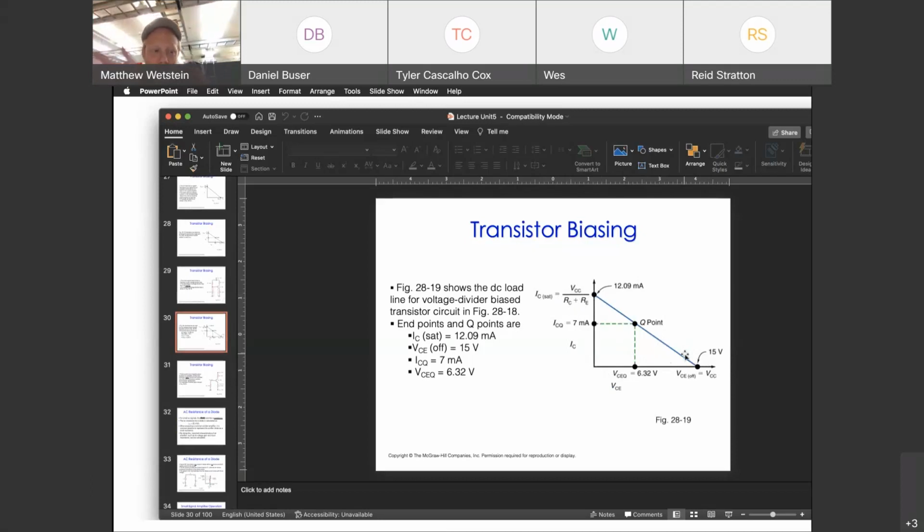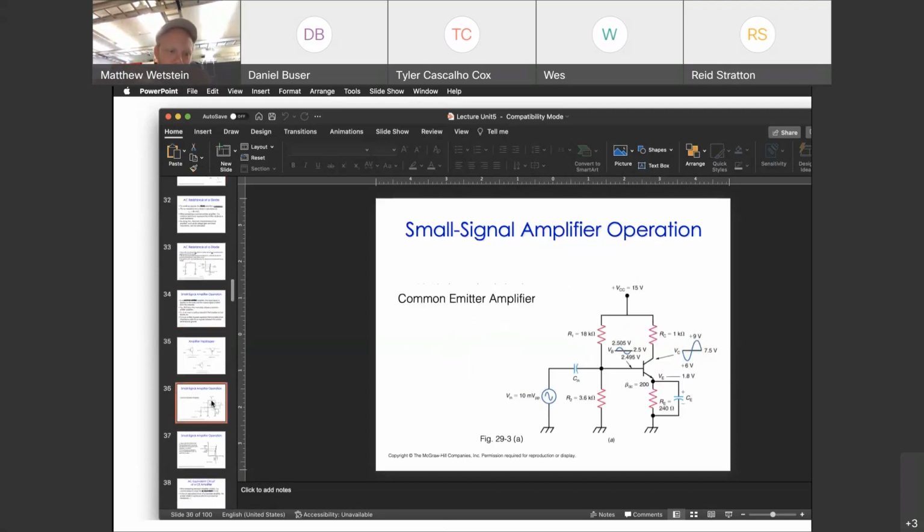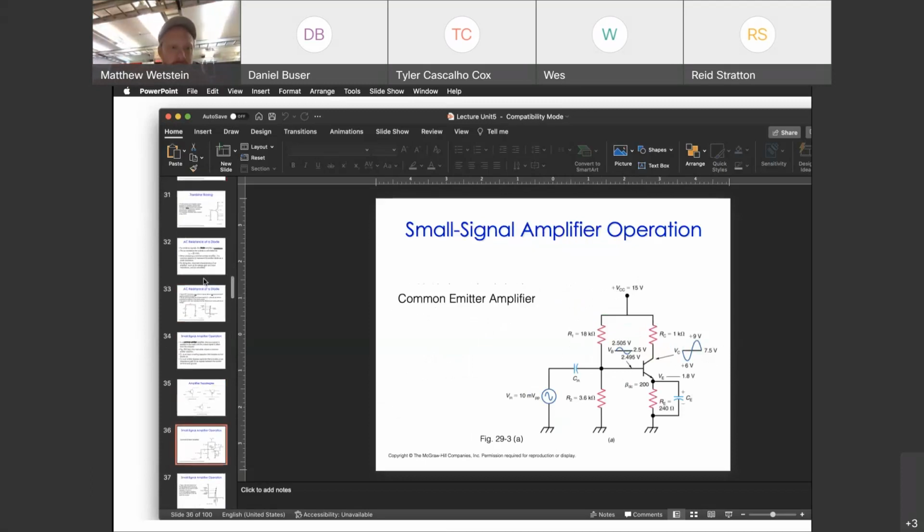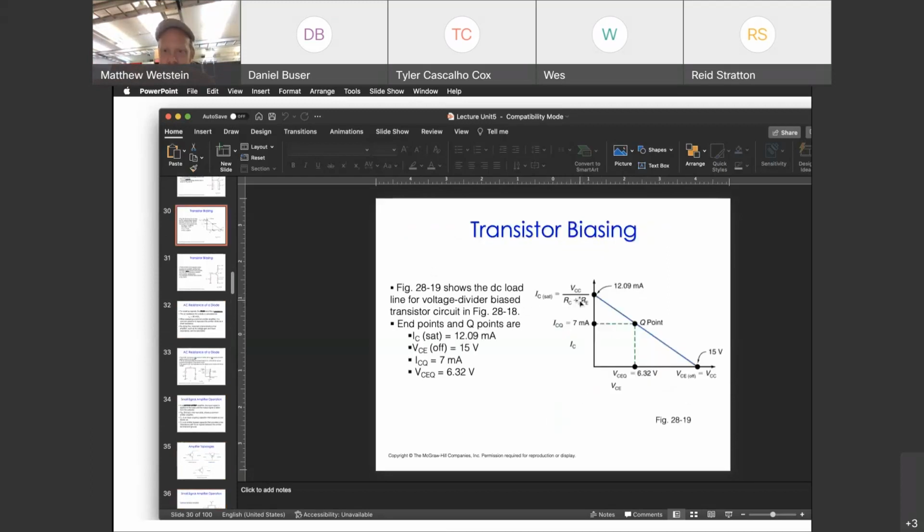And why are we biasing a transistor in the first place? Well, we're biasing it because ultimately we want to use it as an amplifier that amplifies upswings and downswings. But of course, if we are at this edge, we can maybe get a downswing, but we can't get an upswing. And similarly, at this edge, we can get an upswing, but not a downswing.